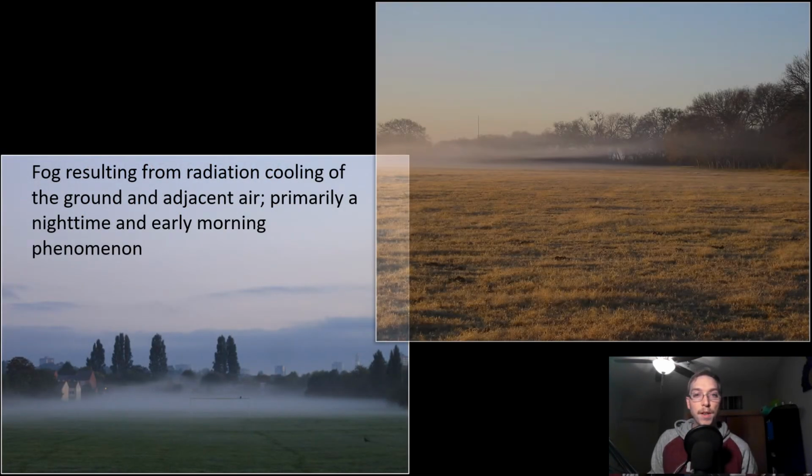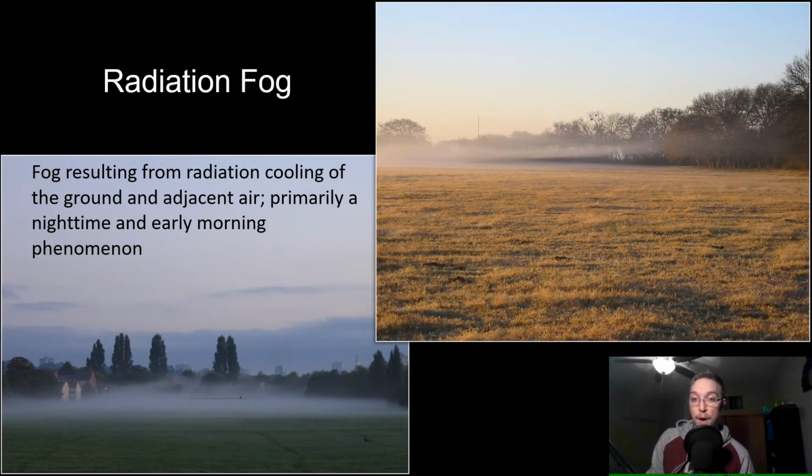So here we can see our first example, radiation fog. This is the general term for a broader group of fog types. Radiation fog results from radiation cooling of the ground and adjacent air, primarily during nighttime and early morning. You can see it rising off the surface here.